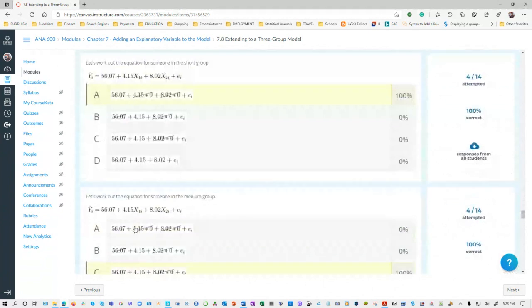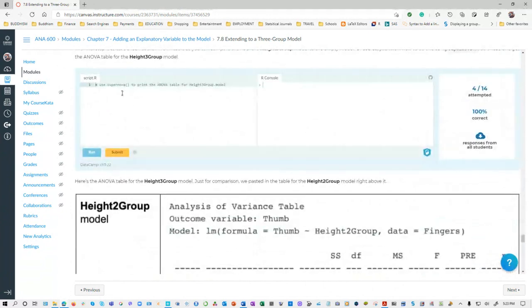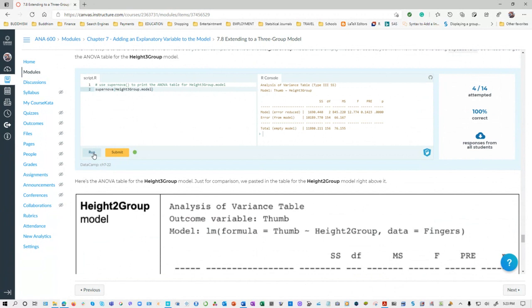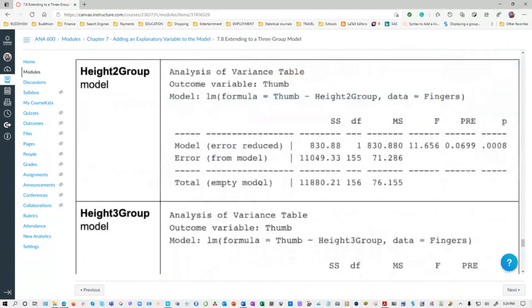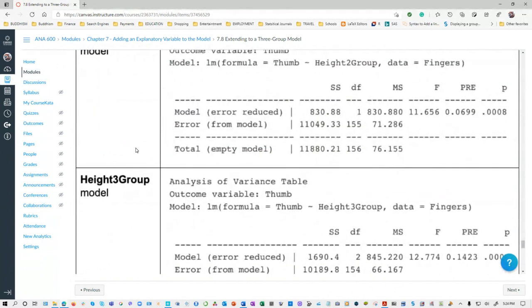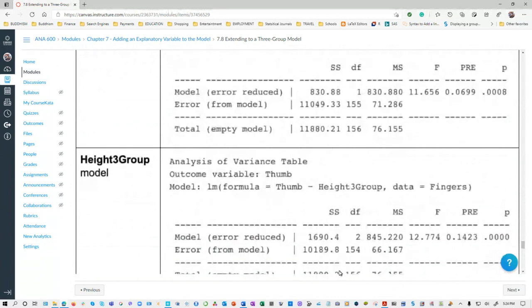So let's run supernova on height 3 groups. See, the sum of squares total. So now you can compare the two-group model and this one.